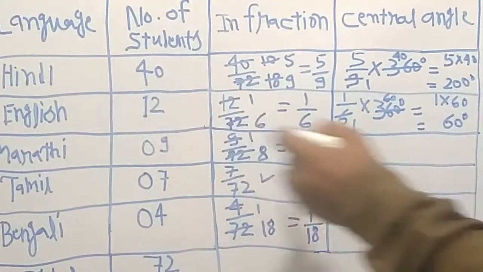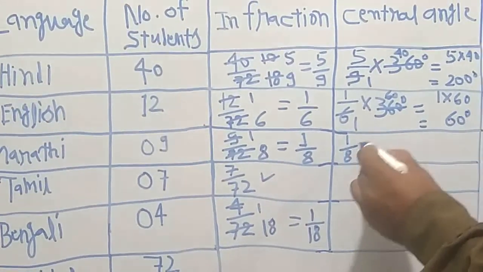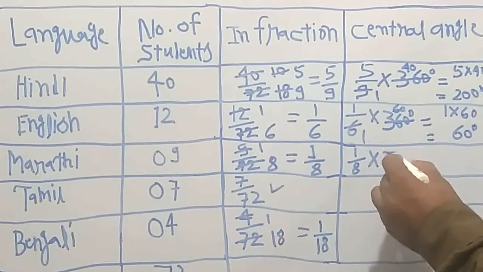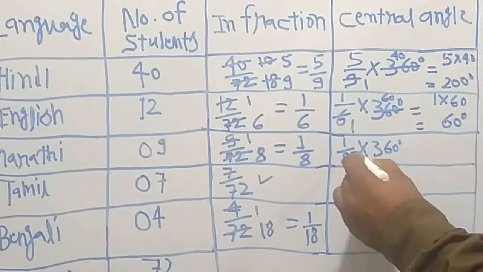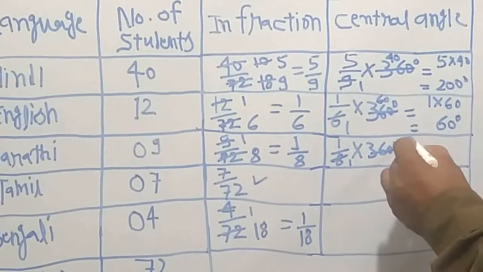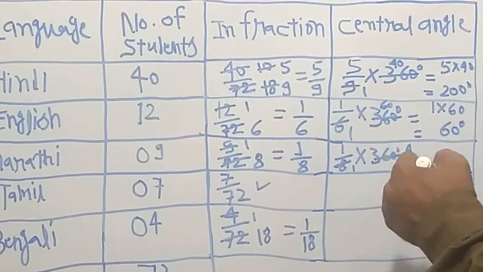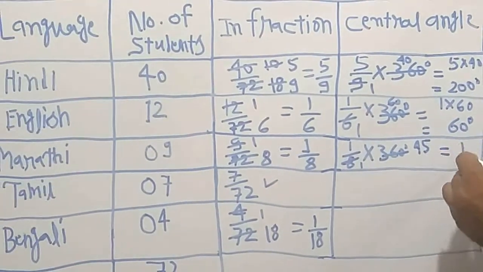Now for the Marathi language it is 1 upon 8, multiplied with 360 degrees. 8 ones are 8, 8 fours are 32, 4 remain, 40, 8 fives are 40. So it is 45 degrees.